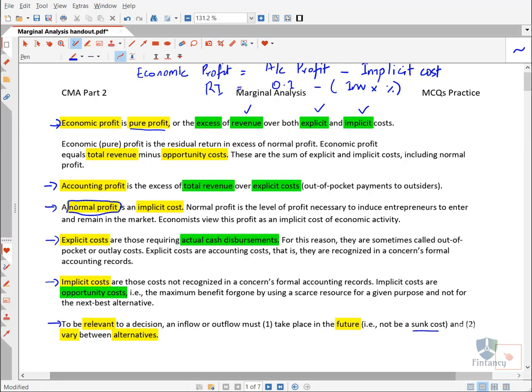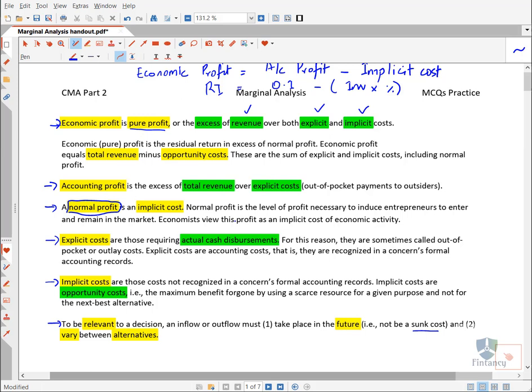Now what is implicit cost? I already explained to you guys that normal profit is the level of profit, and you can see this definition from here. Remember, implicit cost was imputed interest. That was the return which the owners need. That is the level of profit necessary to induce the entrepreneurs or owners to enter and remain in the market.